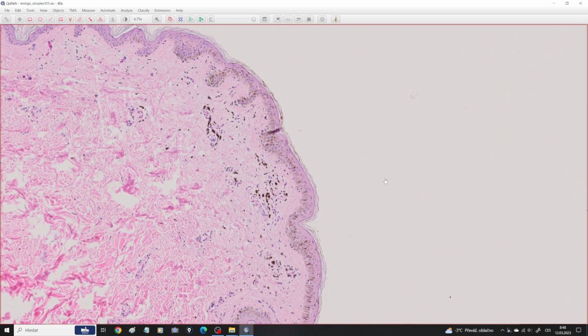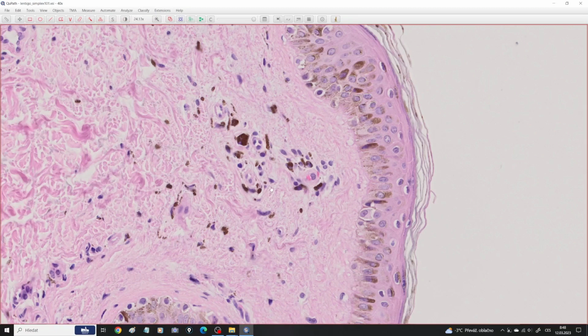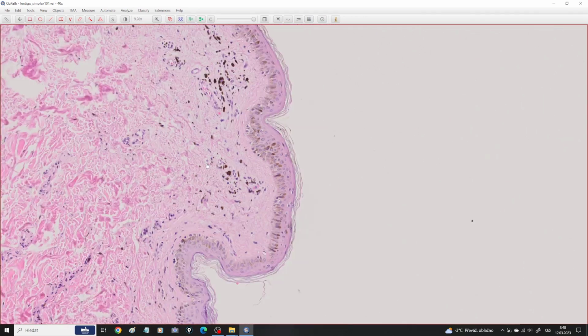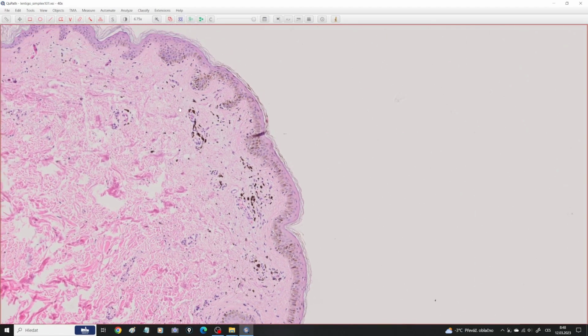Quite commonly there is a chronic inflammation as well. Maybe here we can see a few lymphocytes and plasmacytes around the blood vessels, but nothing striking. So quite commonly there is some degree of chronic inflammation and some degree of elastosis as sun exposure associated changes as well. So those changes often accompany the lentigo simplex.